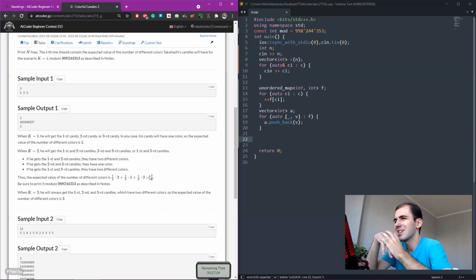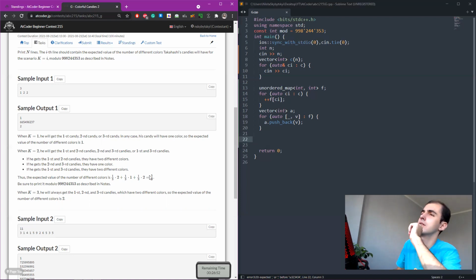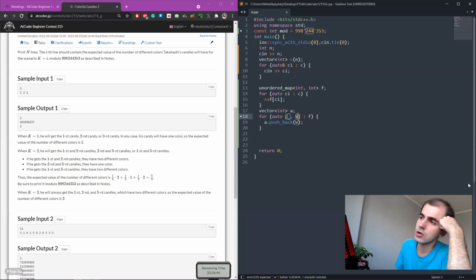And they only coincide when you choose, like, if you have V candies of some color, like here, then you have V choose 2, and then the sum of such over all V divided by n choose 2. That's the probability that two candies will coincide.